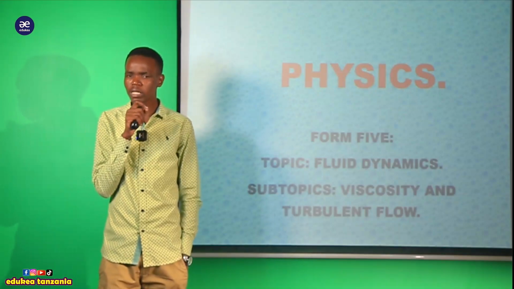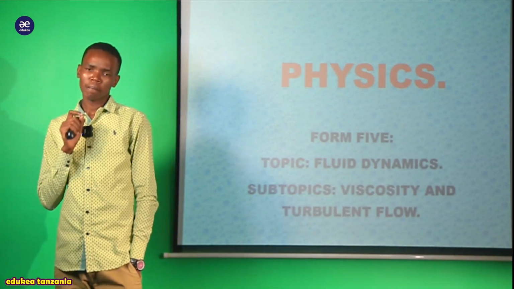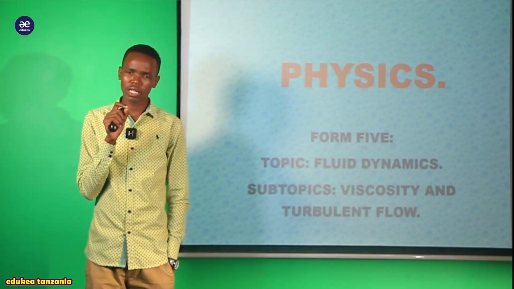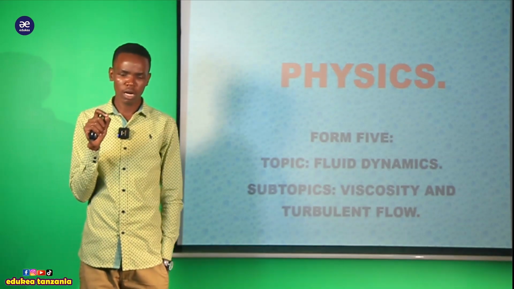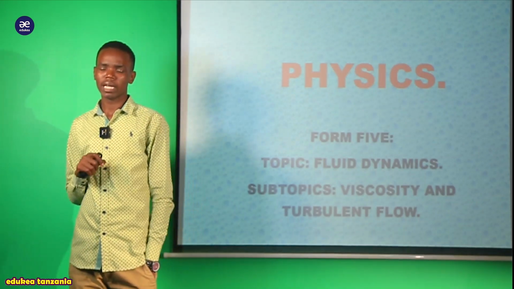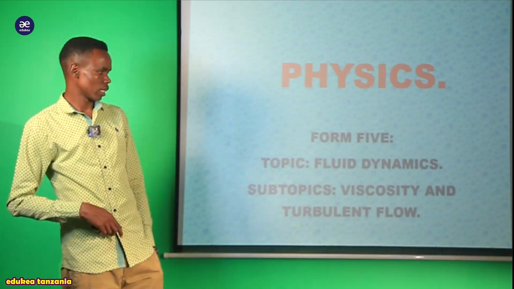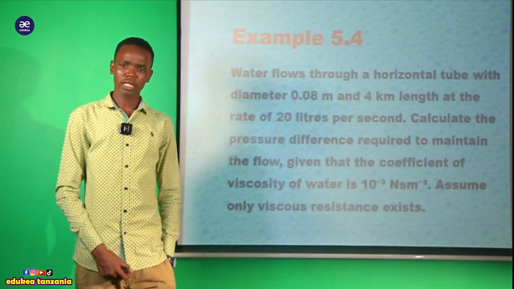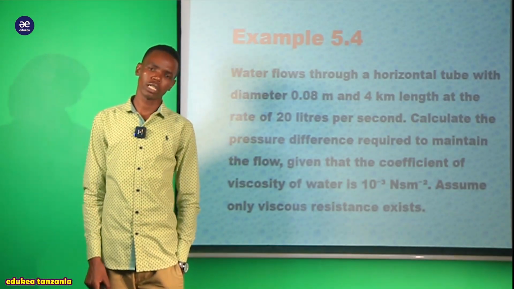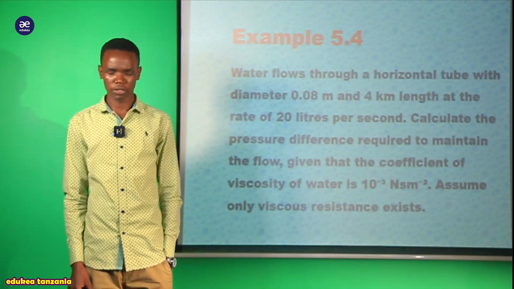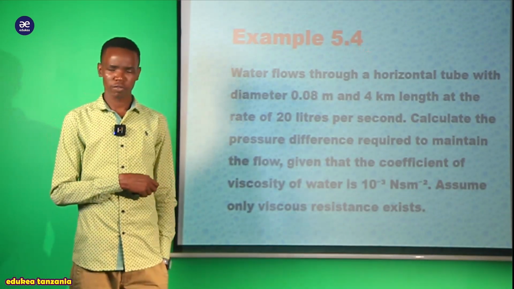So we substituted, and now the general formula we will be using to find the volume flow rate is equal to pi times density times h g, times a power 4, divided by 8 times the coefficient of viscosity times L. This is what we demonstrated on the last session. But in today's discussion, we are going to see some examples related with what we learned on the last sessions. So we have our example number 5.4.